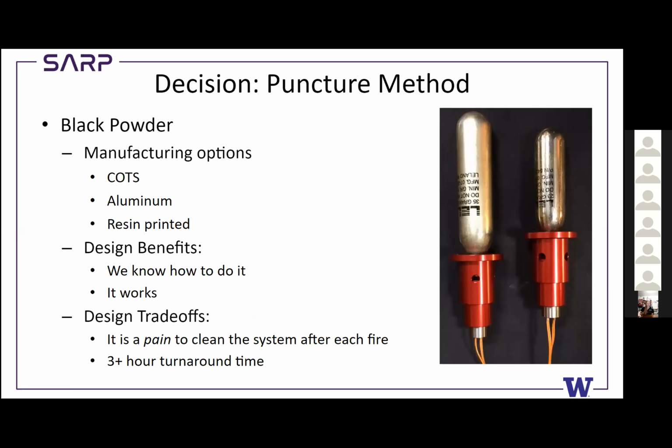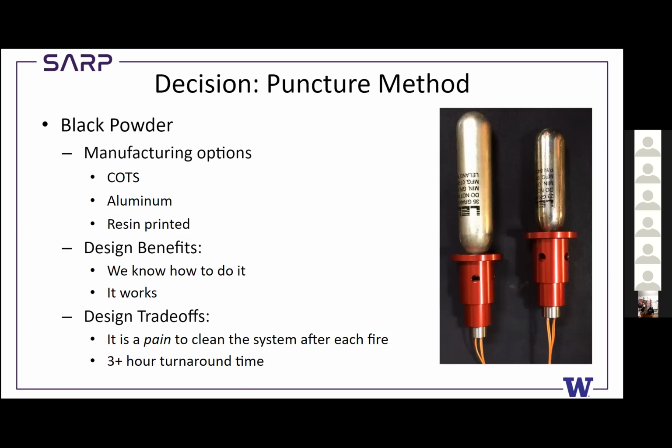Primarily in the past, we've used black powder, which is inside of those red parts on the right, and we have machined or bought those red parts. However, we're also exploring resin printing that part, which would greatly decrease our manufacturing time. But it's quite possible that that printed part would just explode, so we'll have to figure that out.